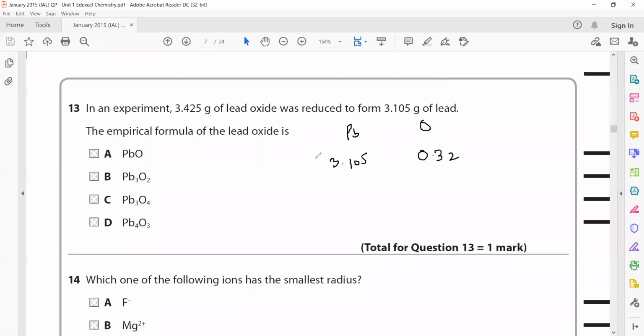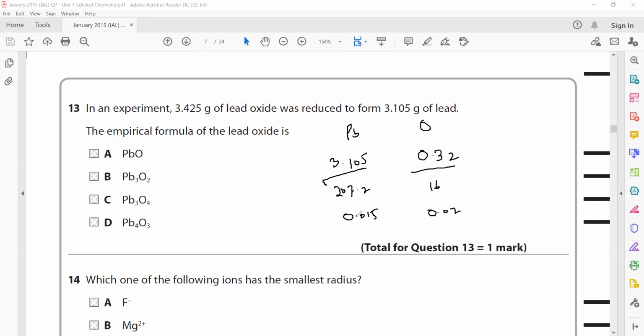So this value will be divided by 207.2 and this will be divided by 16. So 3.105 divided by 207 is 0.015, and 0.32 divided by 16 is 0.02.